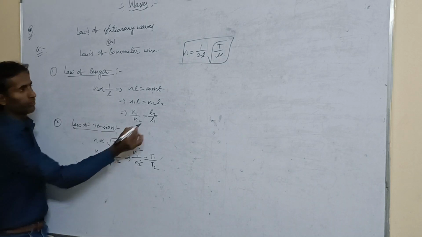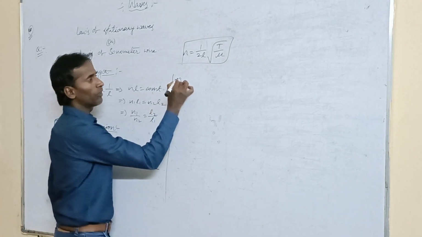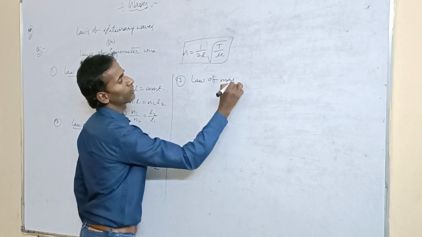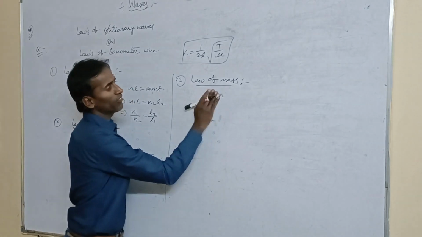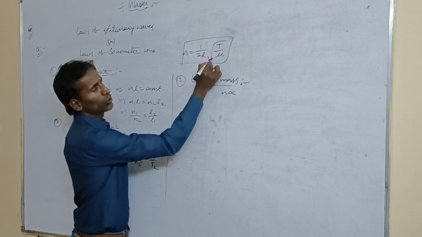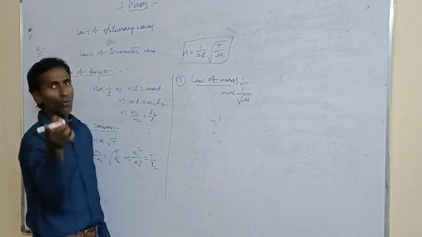Next, law of length, law of tension, and the third one is the law of mass. What is the law of mass here, sir? Similarly here, the fundamental frequency of the vibrating string is inversely proportional to the square root of the linear mass density of the wire.